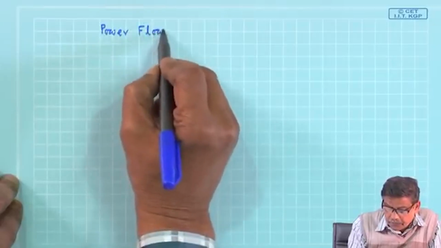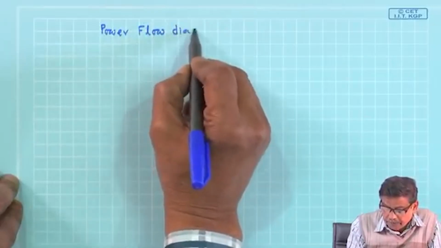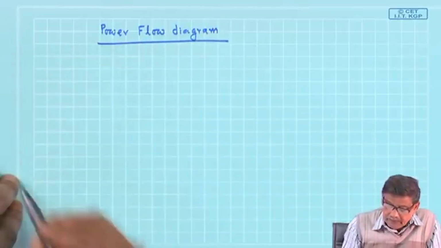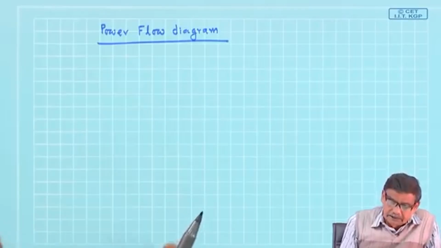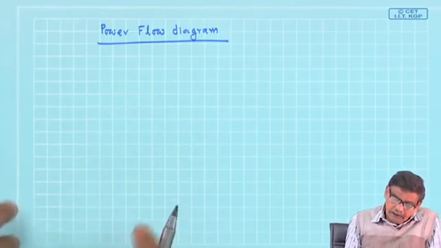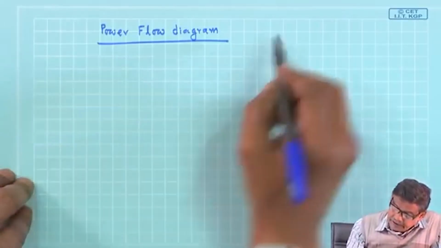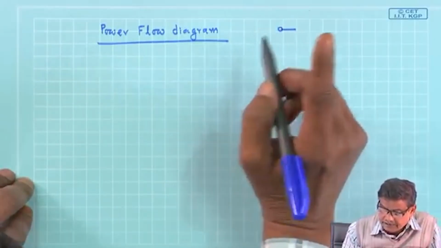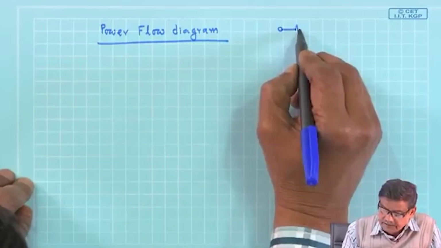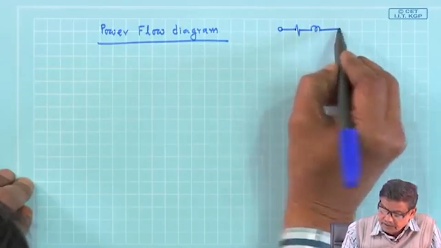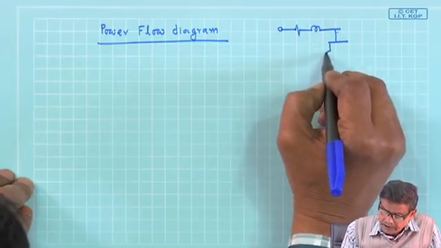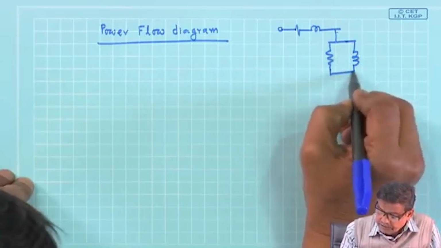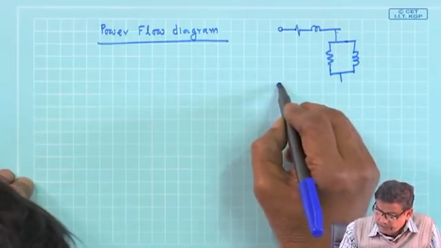We already know the power flow diagram. Let us revisit it in somewhat more detail. In the induction machine, I now know the exact equivalent circuit is something like this: R1, X1, then there may be rotational losses, which a resistance will represent.